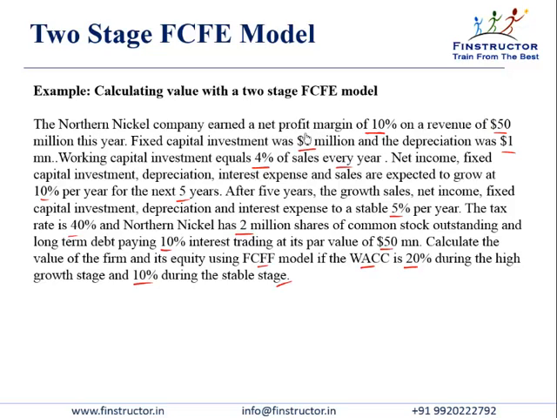Now, given that we have the net profit margin to begin with, there are many formulae for FCFF that we can apply. But we know the sales and we know the net profit margin.